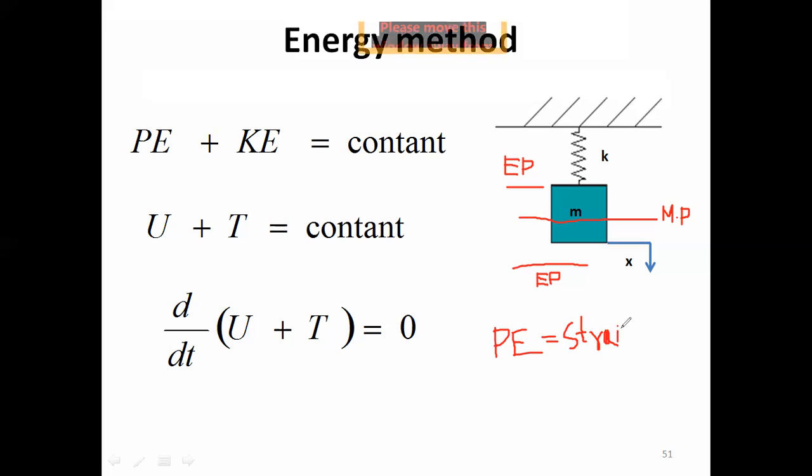Strain energy is the energy stored in the spring because of deformation.